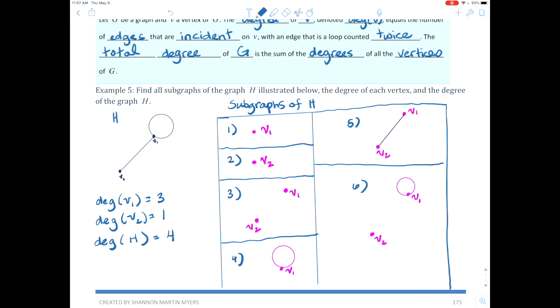There we go. So those are all the subgraphs of H. Cool, cool?